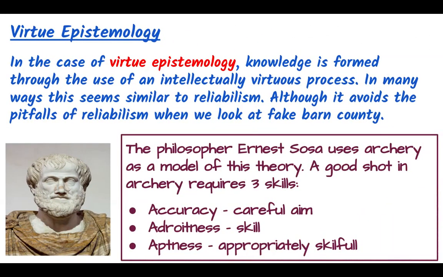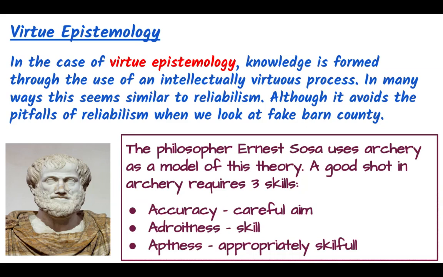Another theory of how we acquire knowledge is virtue epistemology. Virtue epistemology comes from the work of Aristotle, and it says that knowledge is formed through the use of intellectually virtuous processes. In many ways it seems similar to reliabilism, although it avoids the pitfalls of reliabilism when we look at Fake Barn County. How does virtue epistemology work?